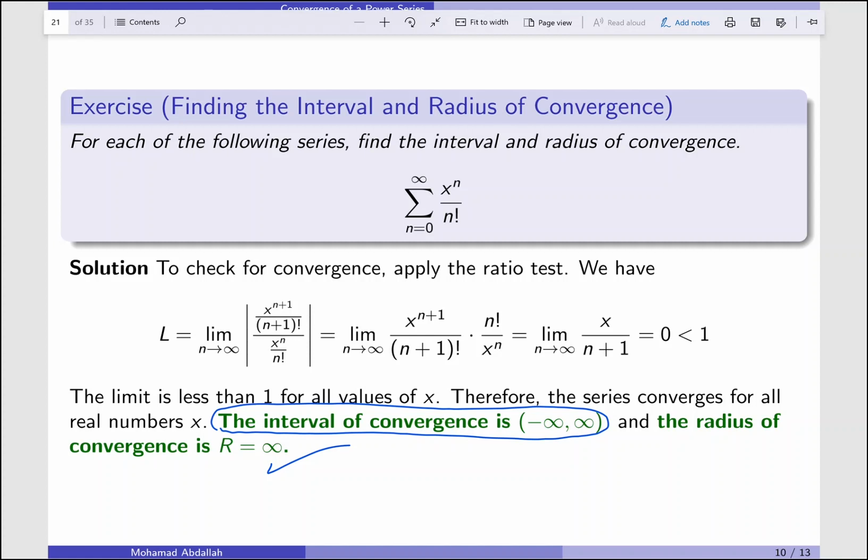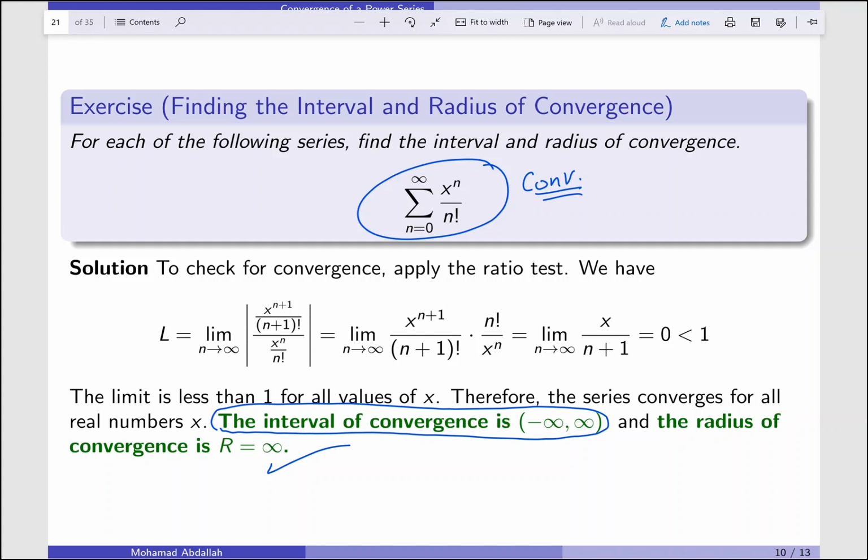Now, I can tell you one thing here. When we started talking about sequences, I mentioned in one of the slides that the limit of x^n over n factorial is equal to 0 as n approaches infinity. The proof was a bit complicated because I was breaking it into cases, and I said I'm going to give you a much simpler proof when I talk about series. So that's the time. What I know from here is that this series is convergent always, for all x.